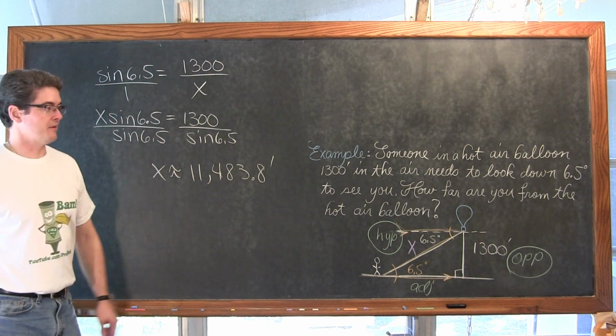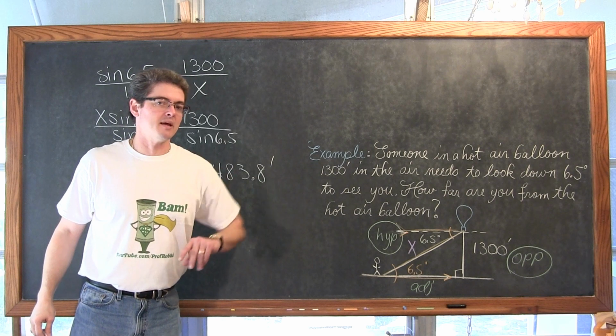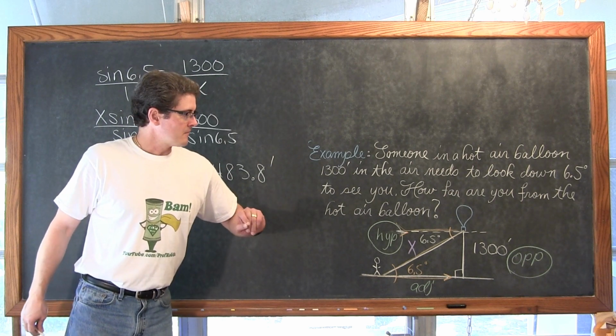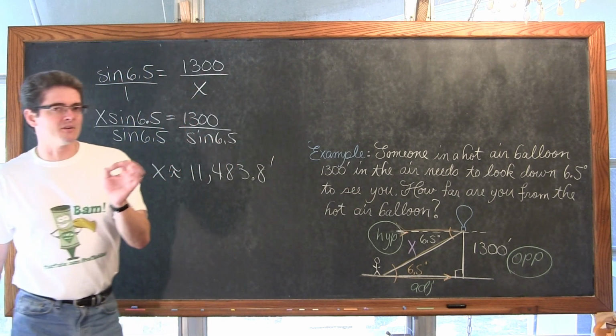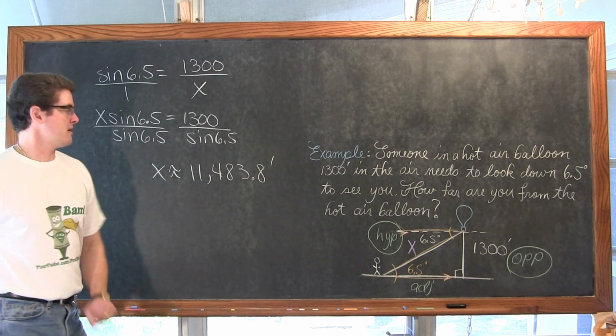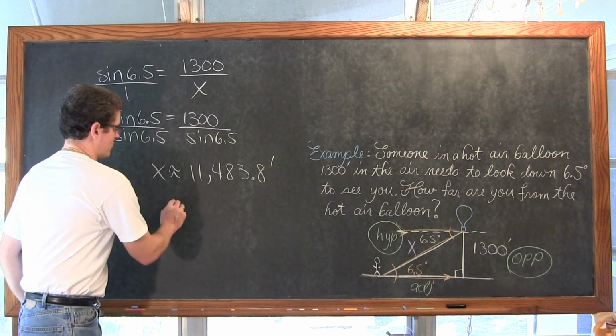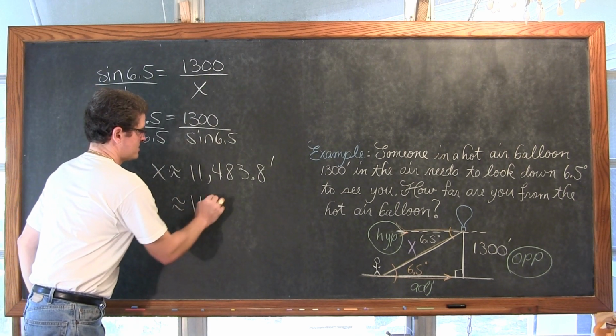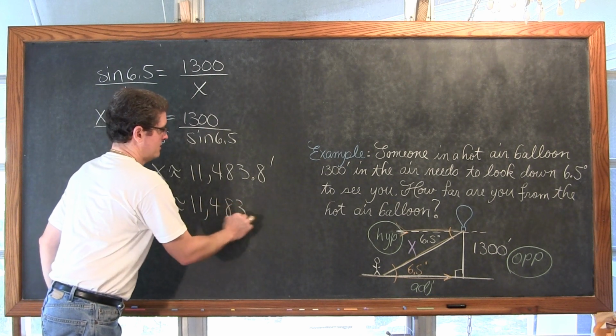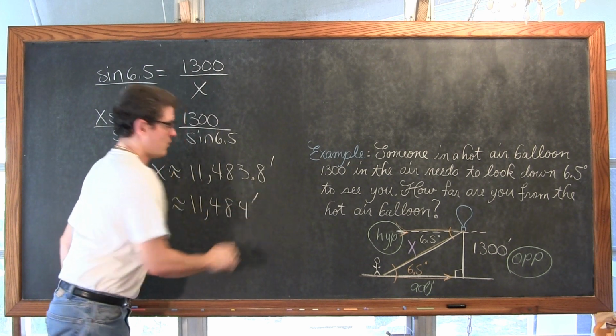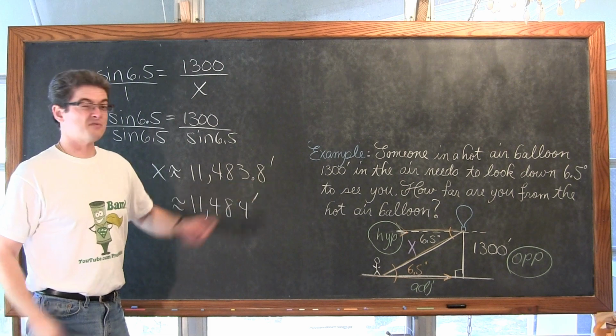And that is approximate. I'm pretty safe assuming that the hot air balloon is not exactly 1,300 feet, so it's probably rounded to the nearest foot. So we would say that this was approximately 11,484 feet, rounding up, of course, because the 8 is 5 or bigger.